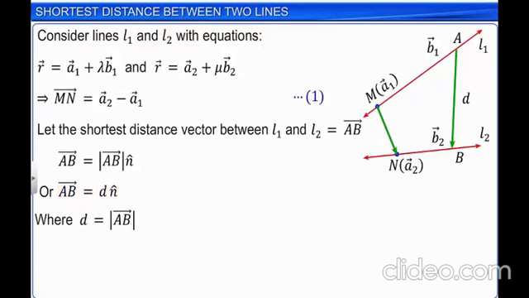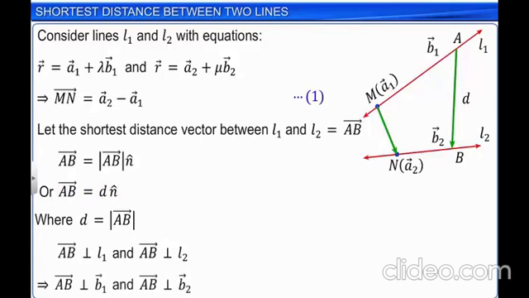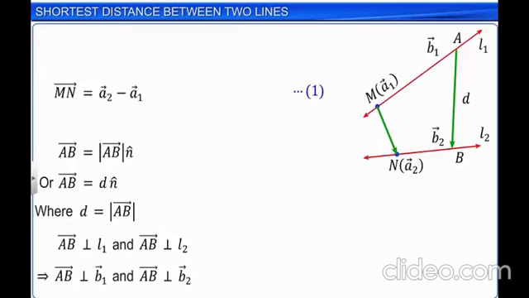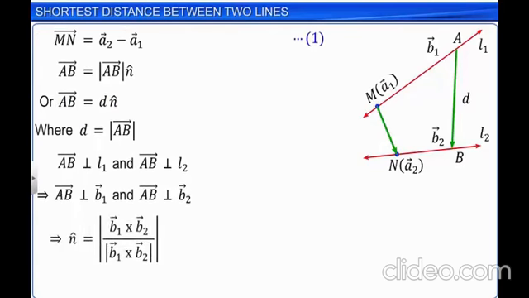By definition, vector AB is perpendicular to both lines L1 and L2. This implies that vector AB is also perpendicular to both the vectors B1 and B2. Thus, unit vector n in the direction of AB is equal to the cross product of vectors B1 and B2 divided by the magnitude of their cross product.